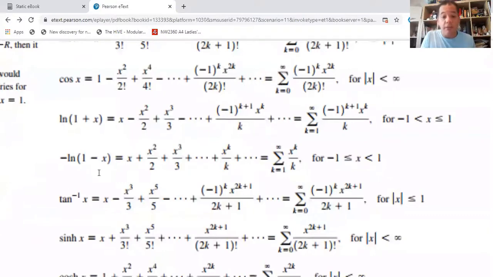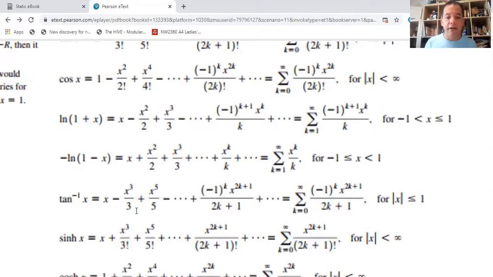And they have to be the Taylor series because the power series is unique. Then we have arctangent, which we also did in a creative way. We started with the geometric series, then we substituted y equals negative x squared to get 1 over 1 plus x squared, and then we integrated that to get arctangent, and that's how we obtained this one over here.